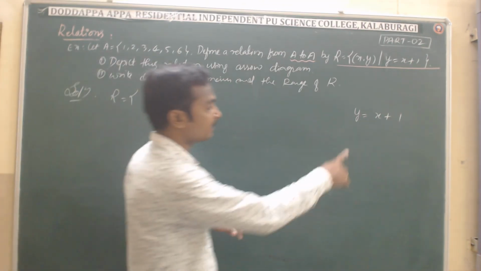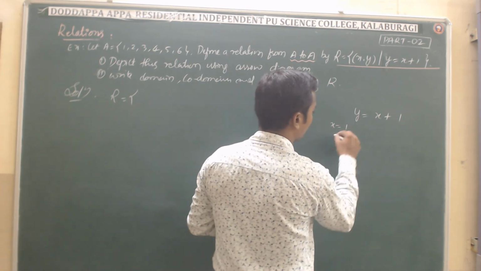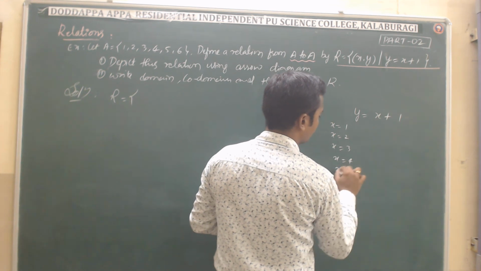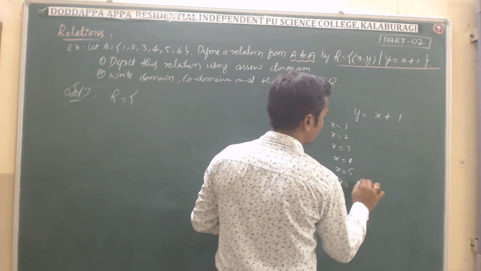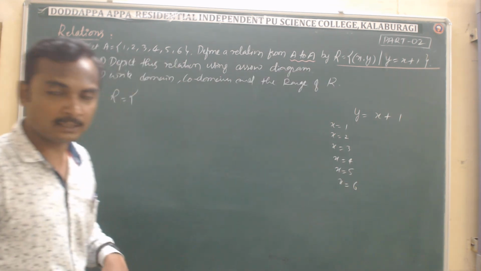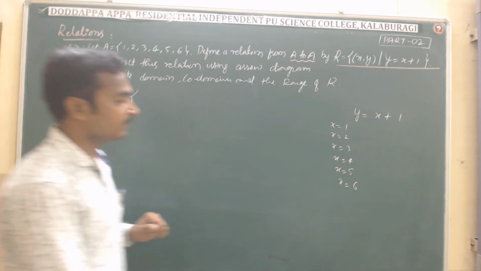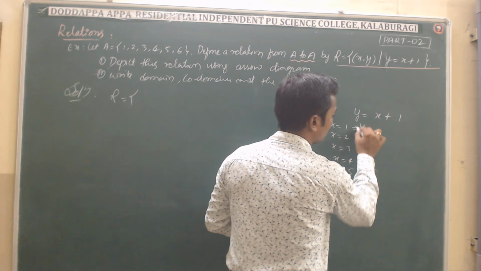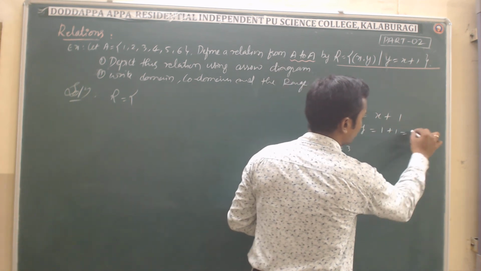Okay, so let's substitute x equals 1, x equals 2, x equals 3, x equals 4, x equals 5 and x equals 6. Okay, fine. So whenever x is 1, if you put x equals 1, what does this become? y equals 1 plus 1, which is 2.